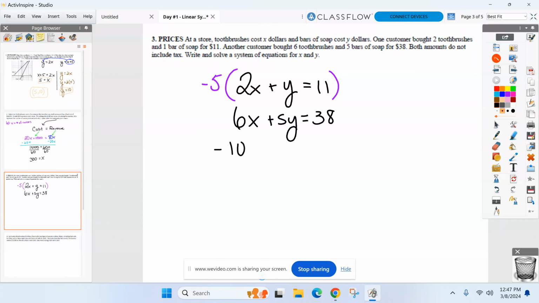I get -10x minus 5y equals -55. Just take your time, whatever you decide to do.